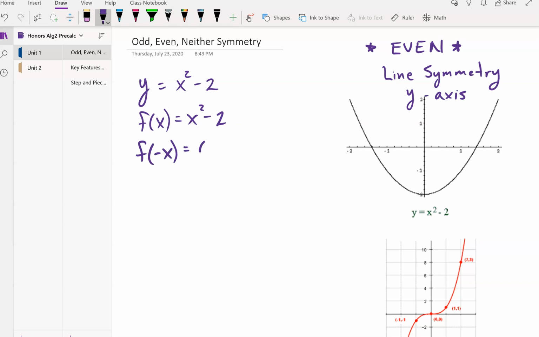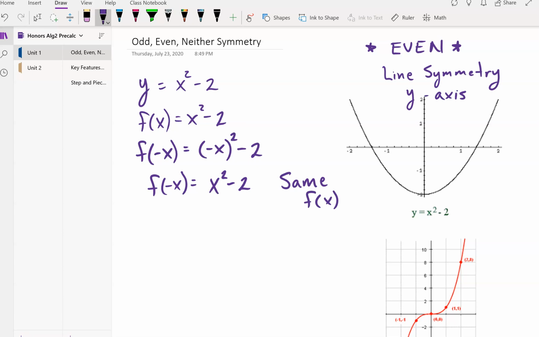Which means we're going to plug a negative x in everywhere we see an x value and simplify. I know that when I square this negative x, I end up with a positive x squared minus 2. And as you simplify, you see your same f of x function.